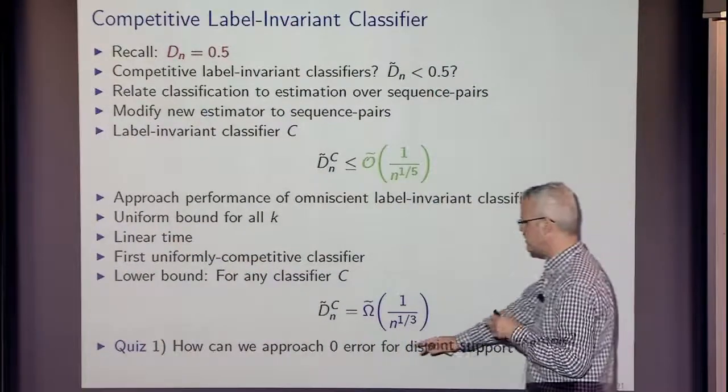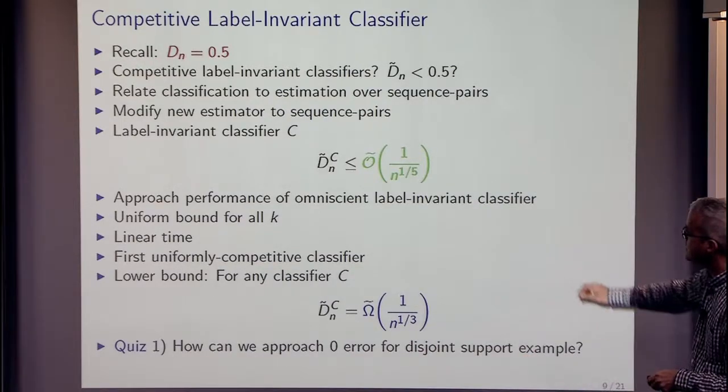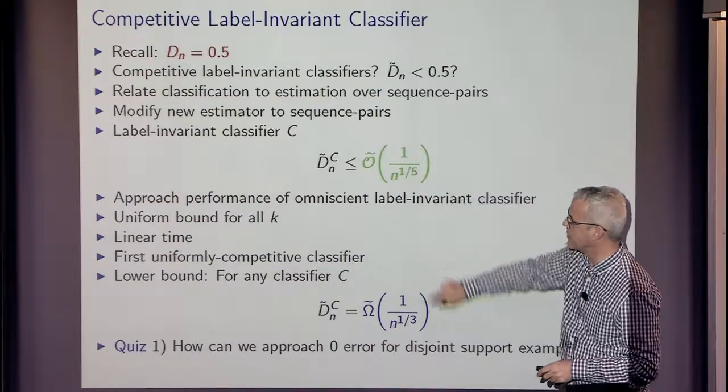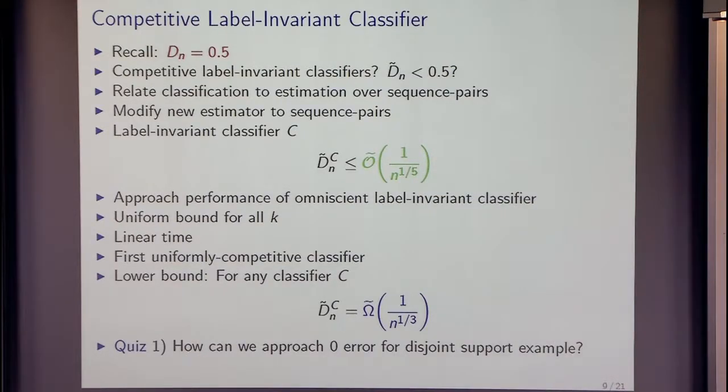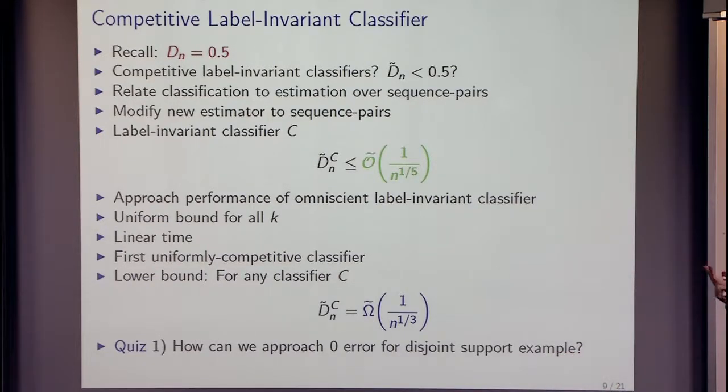Okay. So I think at this point you asked so many questions, I should ask you at least 2, and these should be easy for you. So we said that you can approach the best performance up to 1 over n to the 1/5. And how can we approach it? Remember we had an example of this joint support. This says maybe that we should be able to approach the best error, which was 0, but we argued that you cannot. Your error will be at least 1/4 or something.